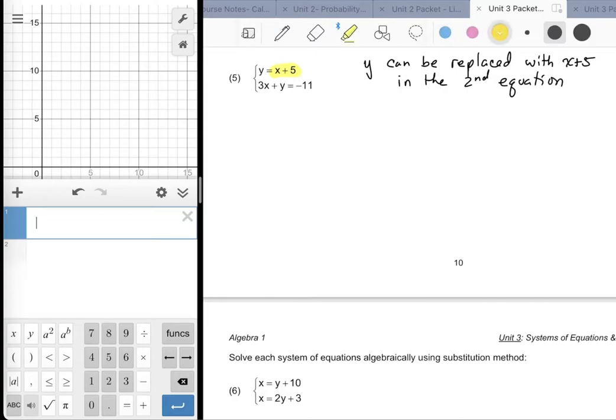All right, so if I tell you that these two y values are the same, this y and this y, and that y is the same as x plus 5, it follows that y can be replaced with an x plus 5 because they're the same. It's like if I tell you that x is equal to 2, that means that I can replace every x with a 2.